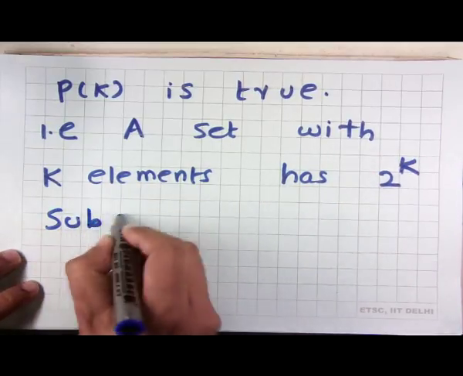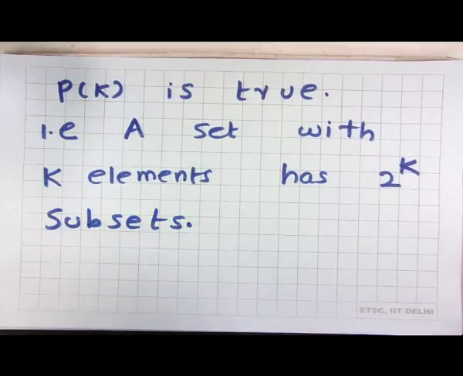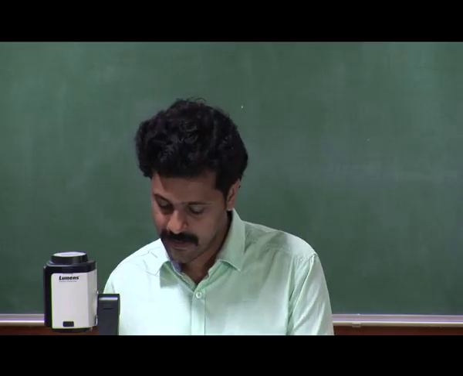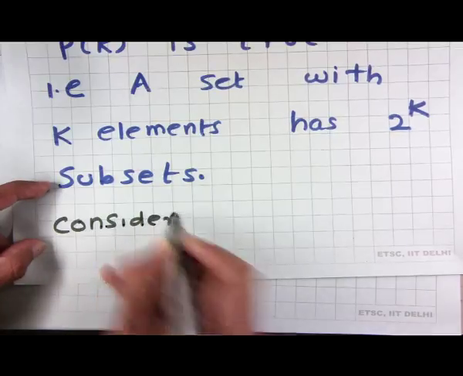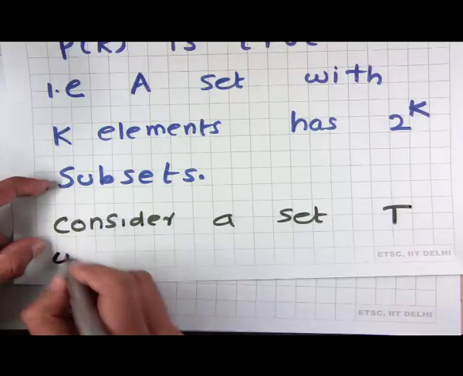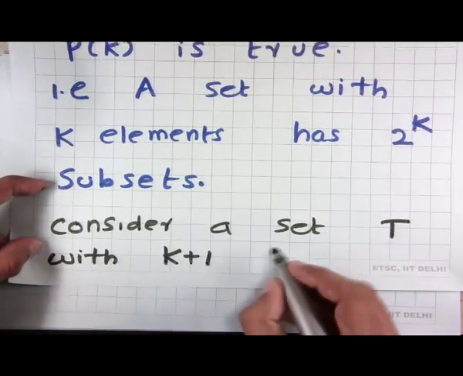That is our assumption. And what we are supposed to prove is that a set with k plus 1 elements has 2 power k plus 1 subsets. Now, consider a set, let me call it T, with k plus 1 elements.